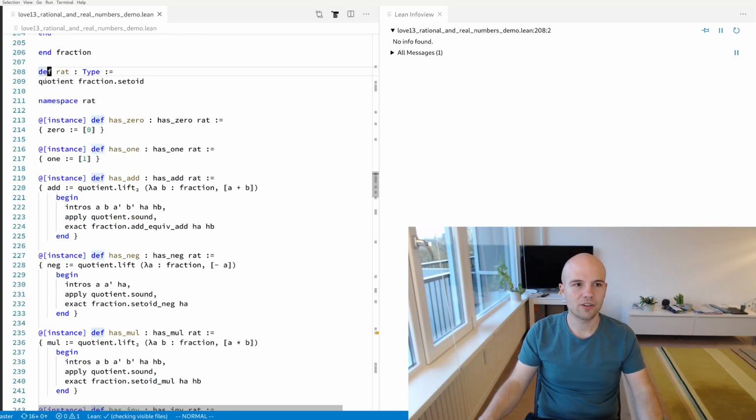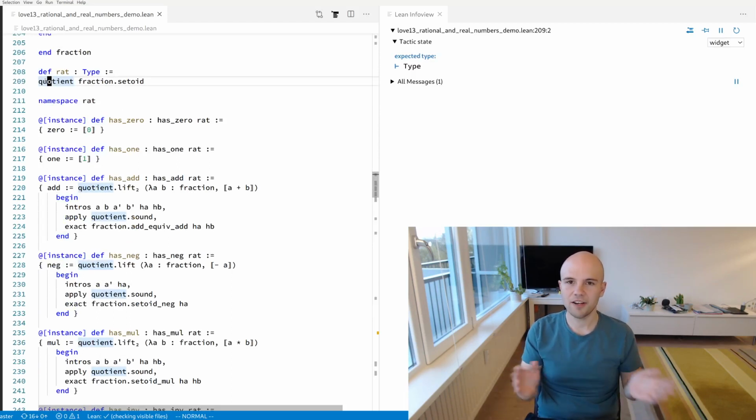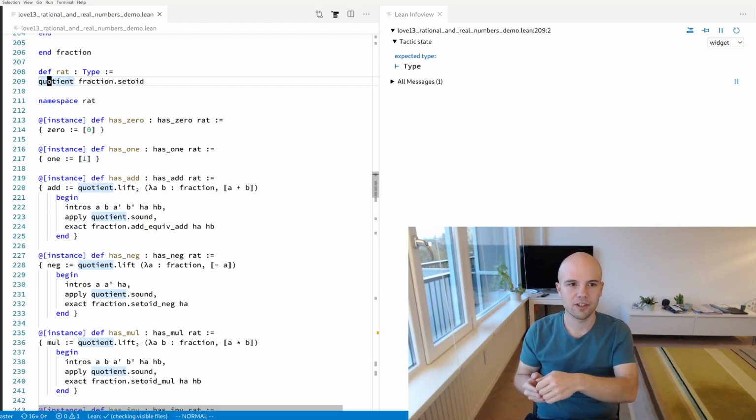So we define the quotient of the rational numbers by the setoid on the fractions. So this is the setoid that we've defined by the equivalence relation on the fractions. And now we just lift each of those operations that we had defined on the fractions, like 0, like 1, like plus, like negation, like the inverse, and get corresponding operations on the quotients.